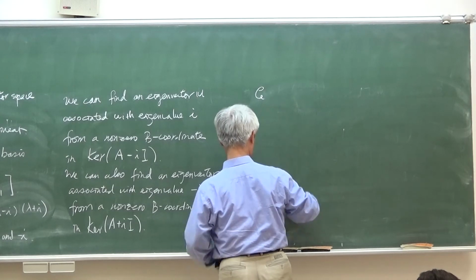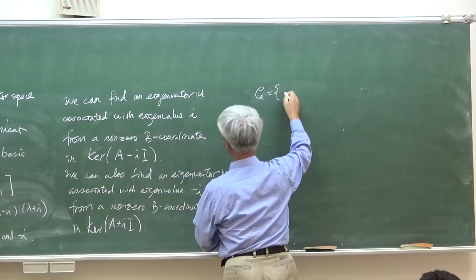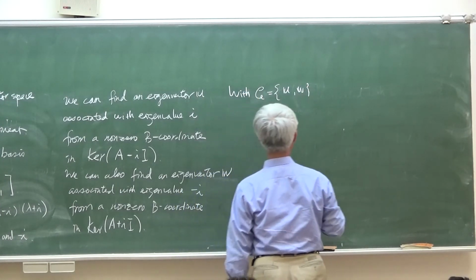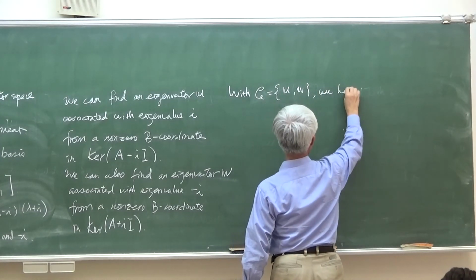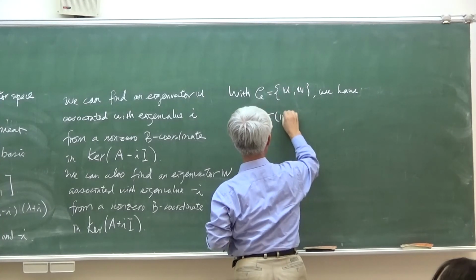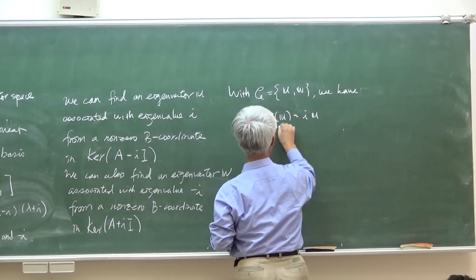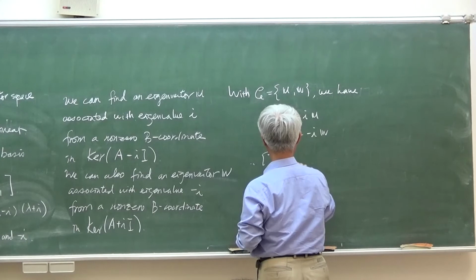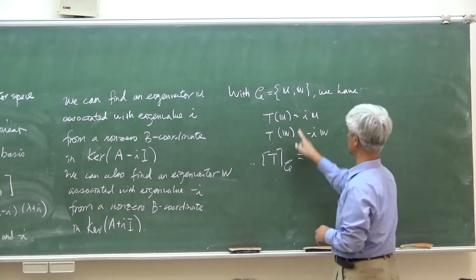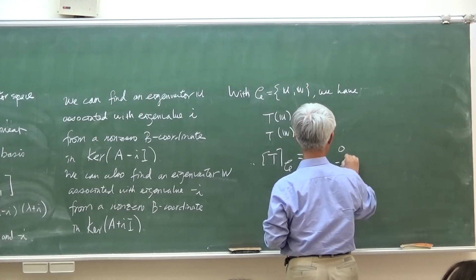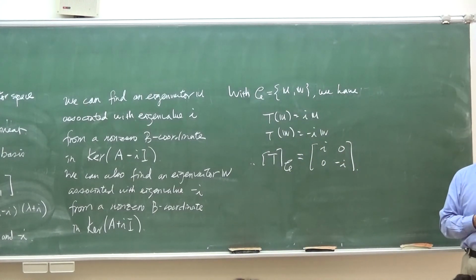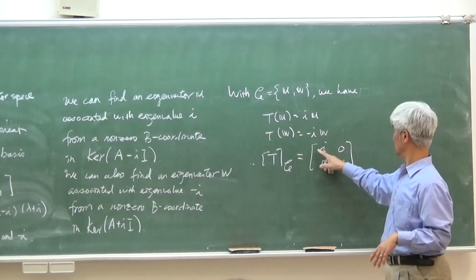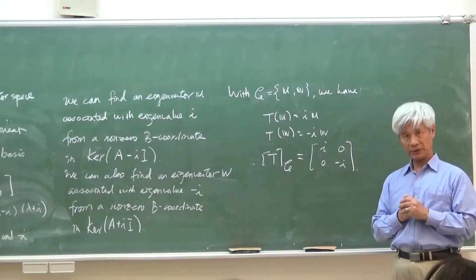So now this is U and W. The matrix representation of T relative to this basis is diagonal with entries i and minus i, but it is a complex diagonal matrix.